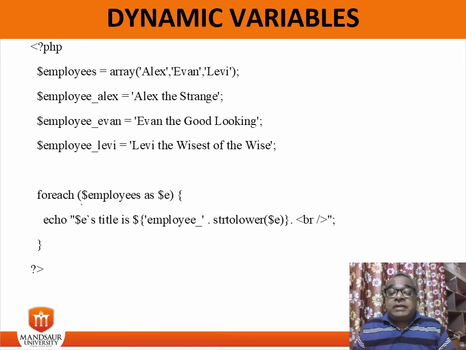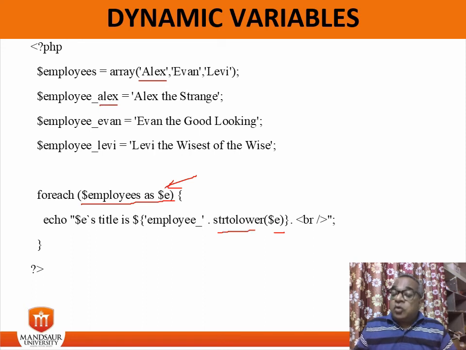This is fetched as the foreach iteration goes on. For the first, zero index value, Alex, the value of e will be stored as Alex.